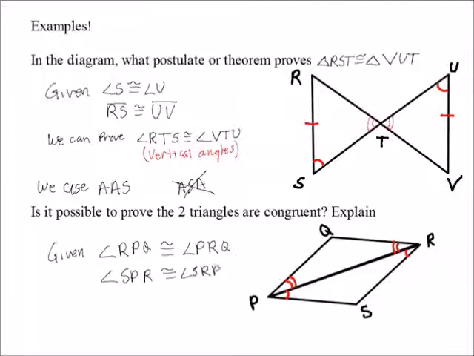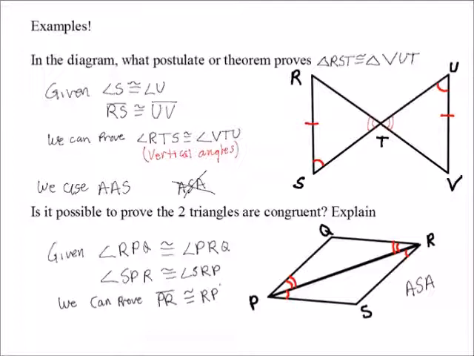So we have these two angles, it's probably going to be a safe bet to use angle, side, angle, because look at the side in between. So we can prove what? Well, we can prove that PR is congruent to RP.